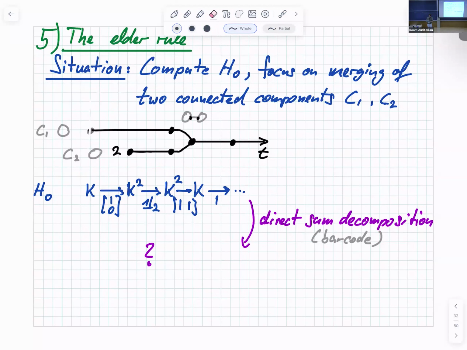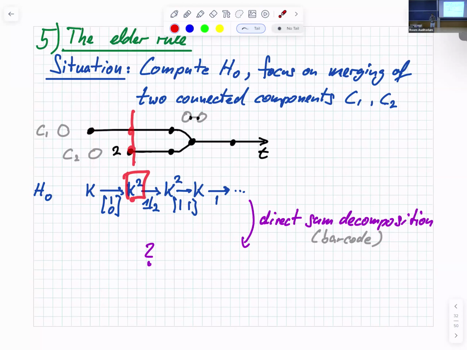So at this time step, I have one connected component. So H0 here would be one-dimensional. Then a second component is born. At this time step, I have two connected components. H0 will be two-dimensional, yeah?